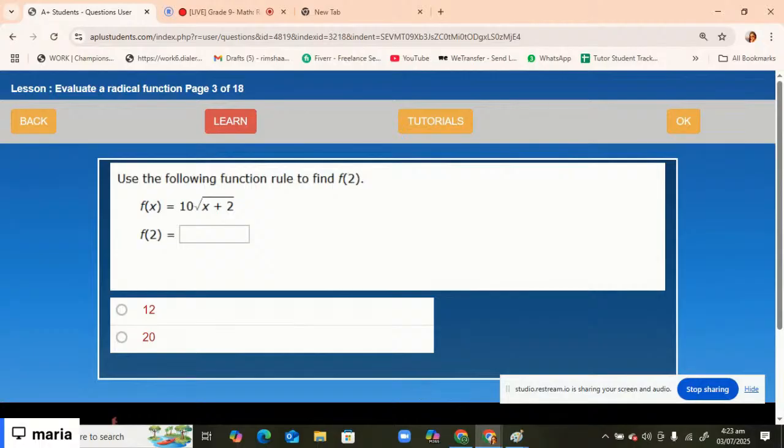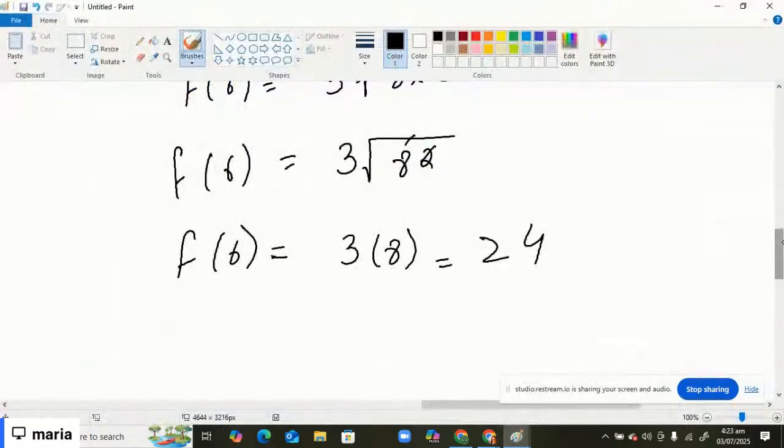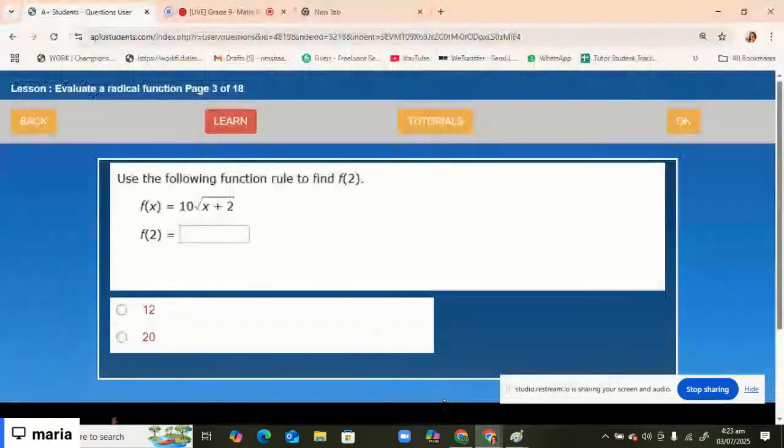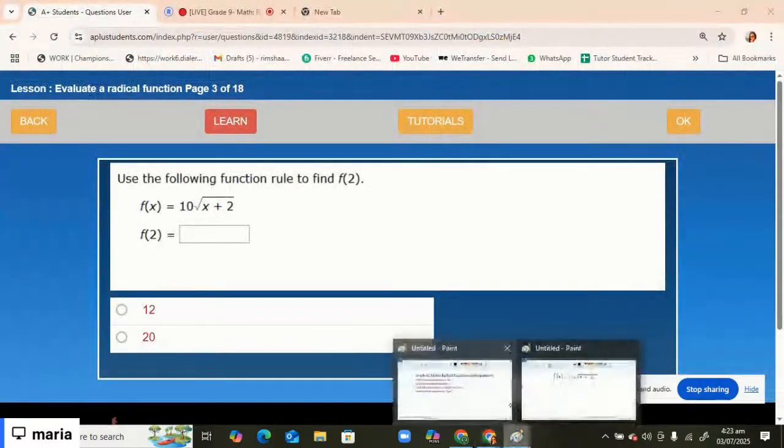F of x is equal to 10 into the square root of x plus 2. Okay, so we find f of 2.